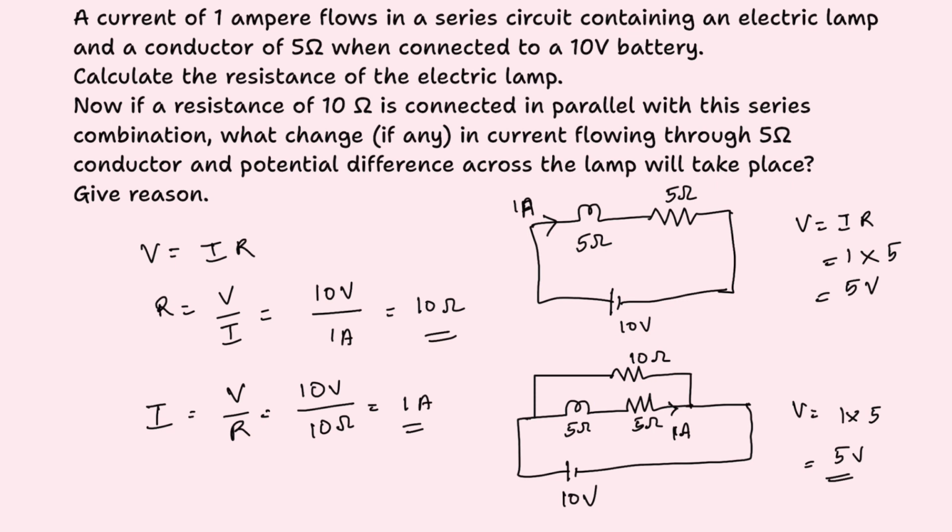So hence a current of 1 ampere will also flow through this path. So 1 plus 1 is what? In the main circuit, you will have a 2 ampere current. So this 2 ampere current will come and get split into 1 ampere and 1 ampere, and then it will rejoin again as 2 ampere. So this is the change that happens in this circuit when you add this resistor in parallel.